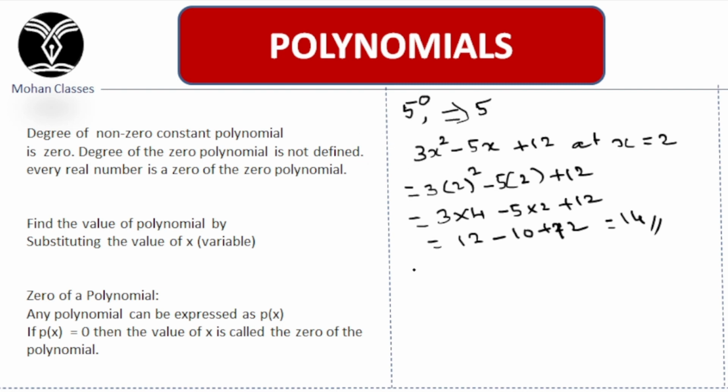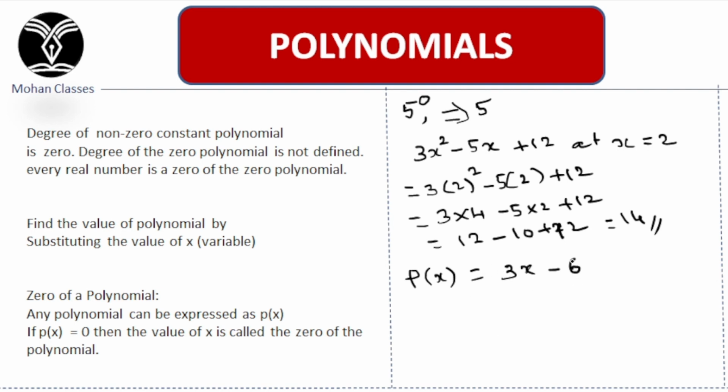Any polynomial we can represent as p of x. Let us take like this: p of x is equal to 3x minus 6 is a polynomial. Now we have to find the 0 of the polynomial.